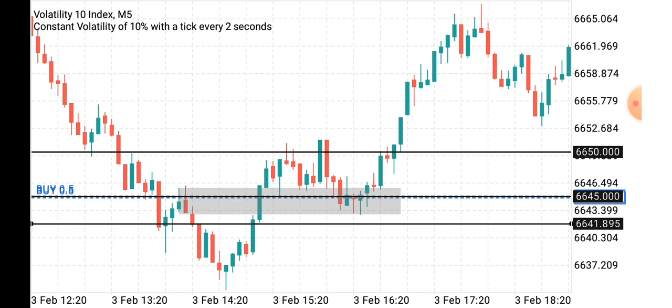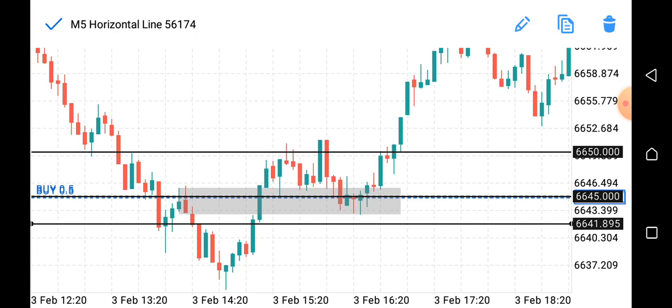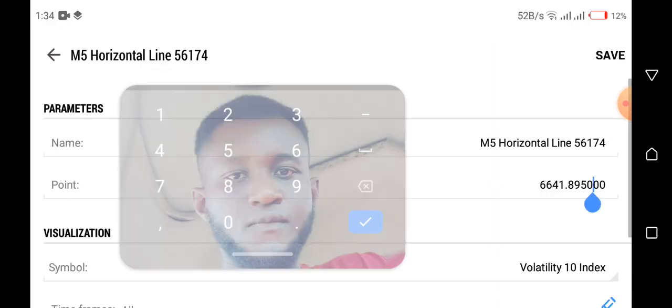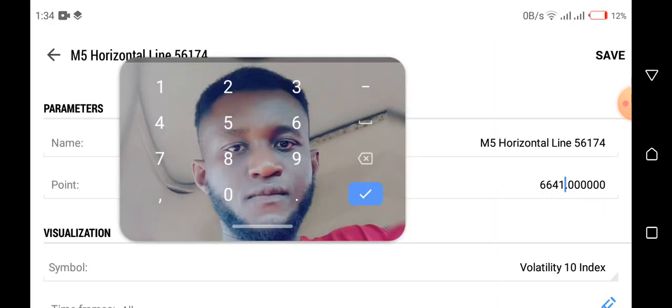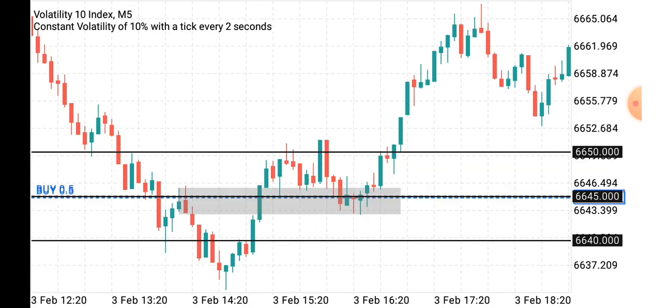So I believe this is it, right? Okay, the last one has shifted. Let's try it again. Yeah, so this is just the first three. You can go ahead and add other ones. Now you can see why this is the third confirmation.